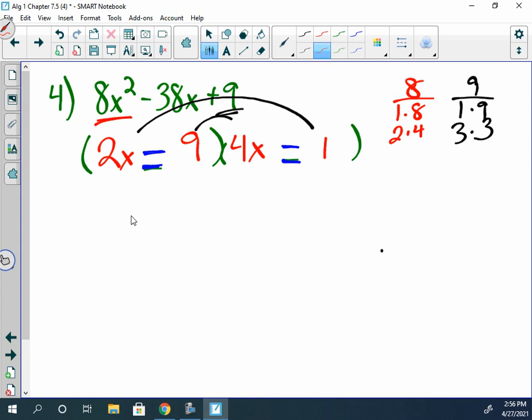The other way around is really just going to be 8 plus 9, which is going to give us 17. So this one here we didn't try. 2x times negative 1 is negative 2x. Well, that's a small number. Negative 9 times 4x is negative 36x. Negative 2 minus 36 is?